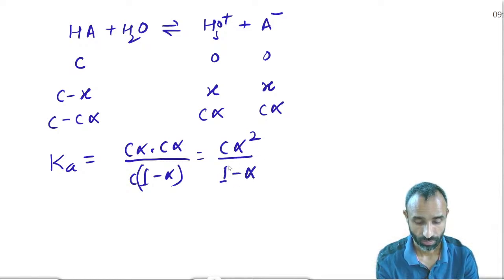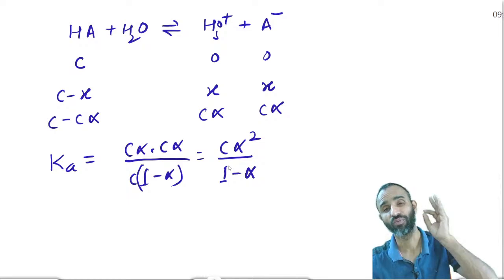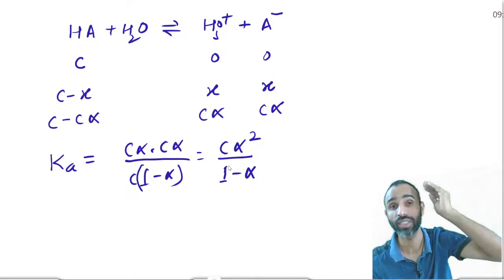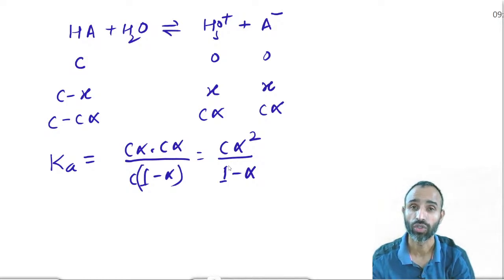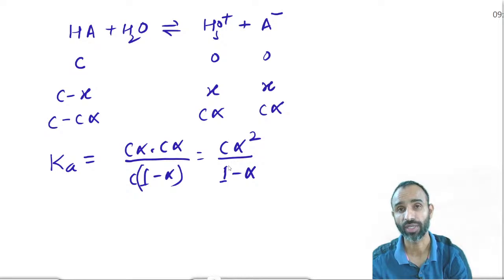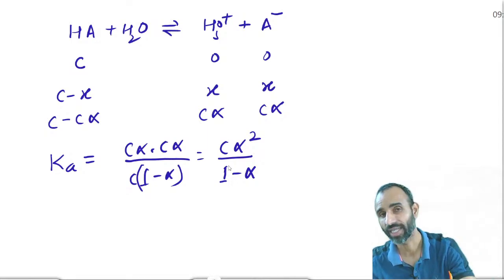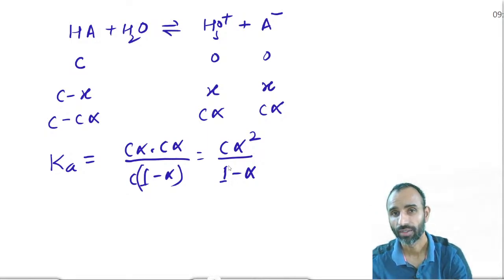Here I am not neglecting alpha, because H plus ion concentration is 10 raised to power minus 2 and HA concentration is 10 raised to power minus 1. If H plus concentration comes out to be like 10 raised to power minus 6, minus 5, that means it is far less than HA, then we can neglect.